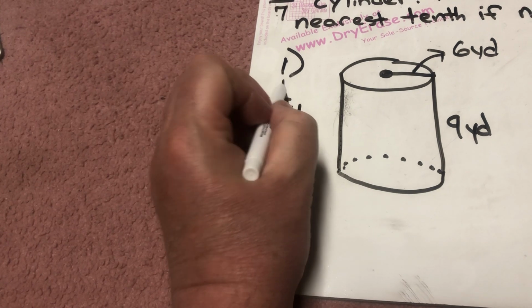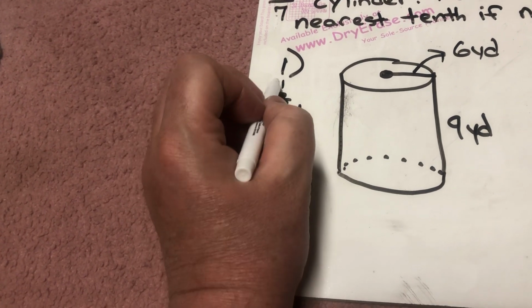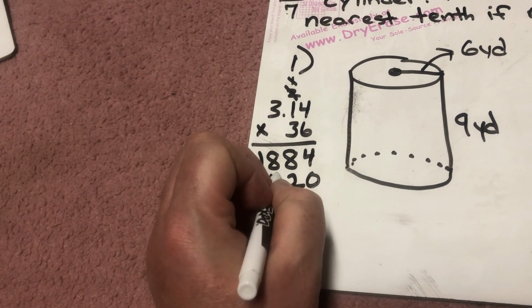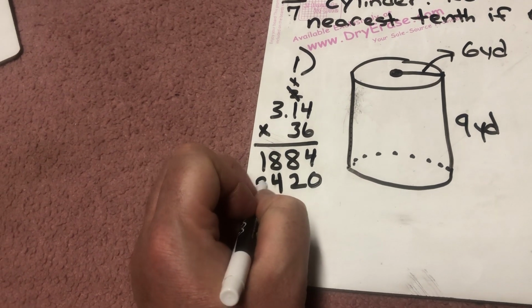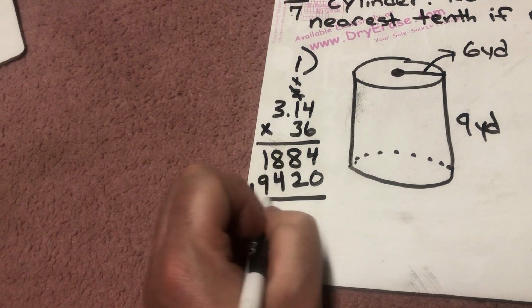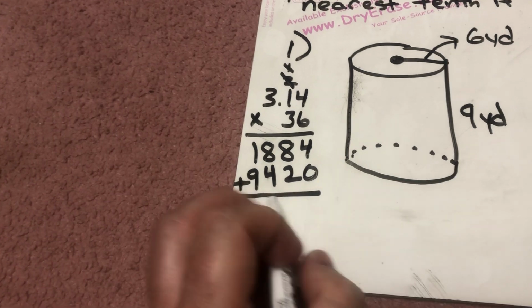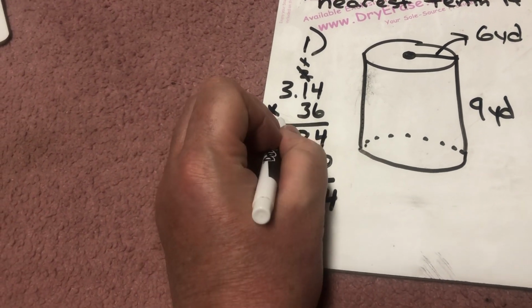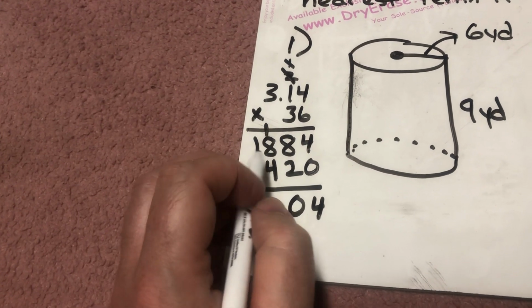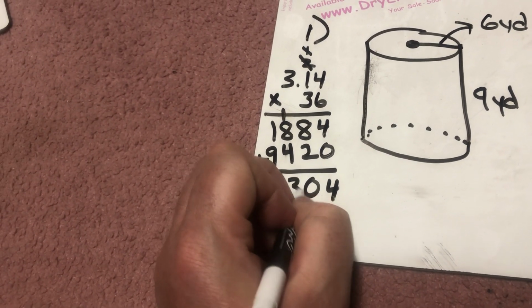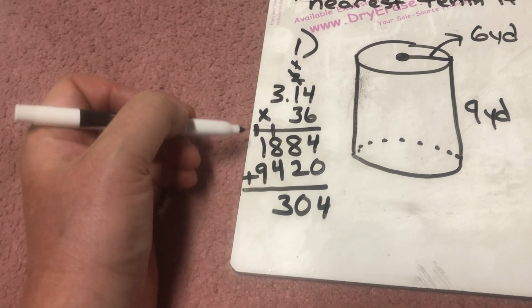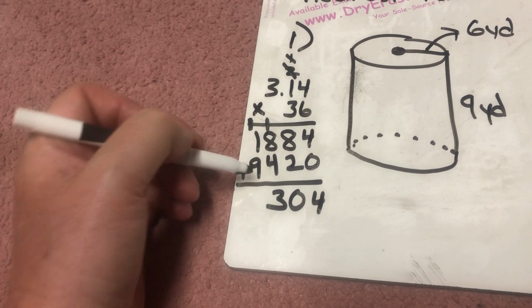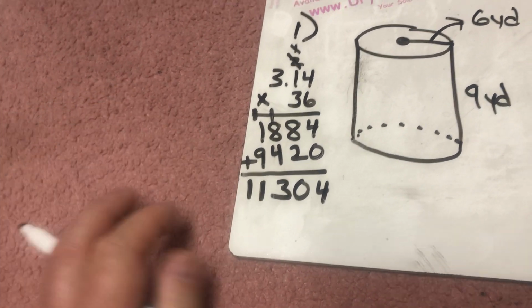Put the 2 down, carry the 1. 3 times 1 is 3, plus 1 is 4. 3 times 3 is 9. I go ahead and add these together. 4 plus 0 is 4. 8 plus 2 is 10. Put the 0 down, carry the 1. 1 plus 8 is 9, plus 4 is 13. Put the 3 down, carry the 1. 1 plus 1 is 2, plus 9 is 11.